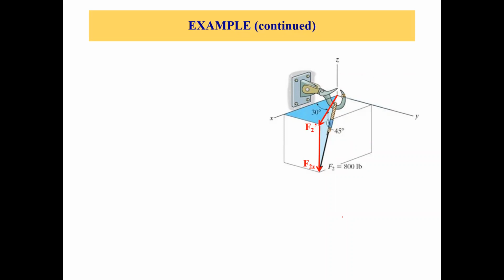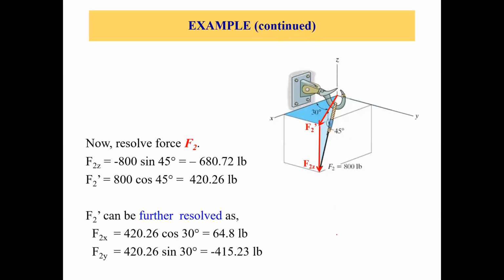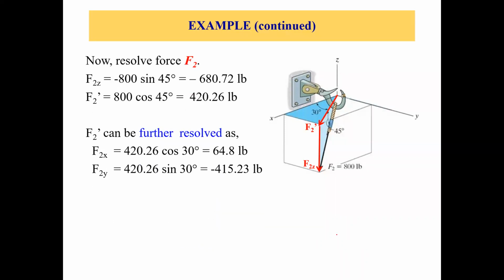And then second time, once we do the resolution of F2 dash, we'll get F2x and F2y, right? So that's how we need to do this resolution 2 times. Okay, now let's see. Resolve force F2, we'll get F2z, which is in the direction of z-axis, and we'll get F2 dash, right?